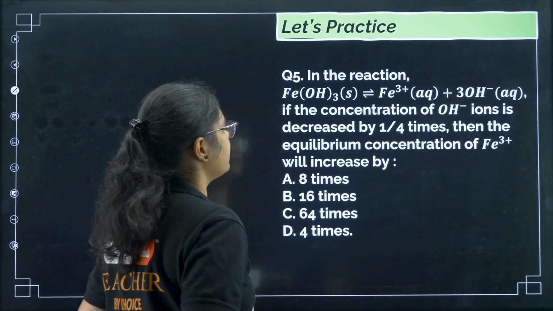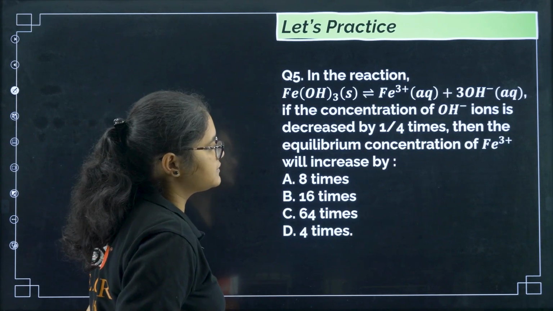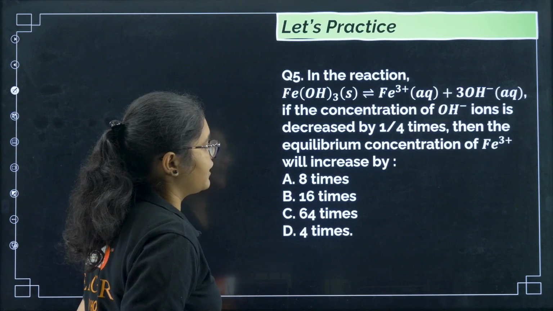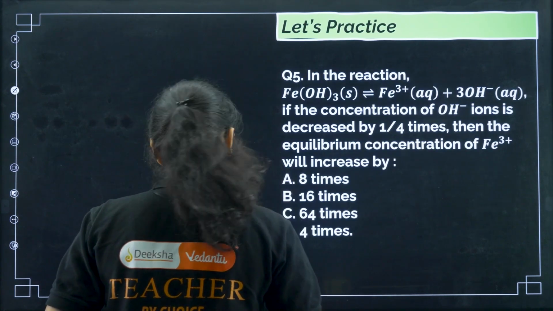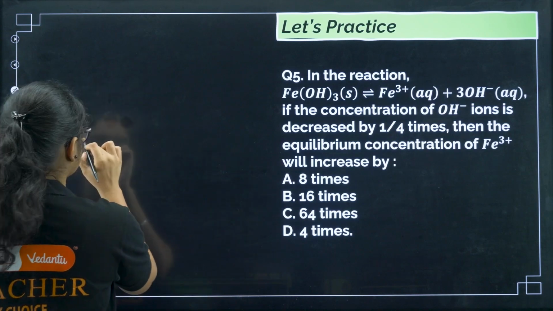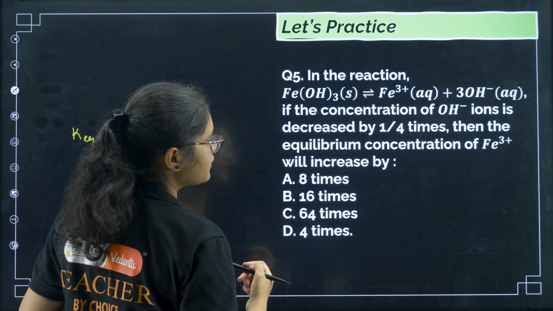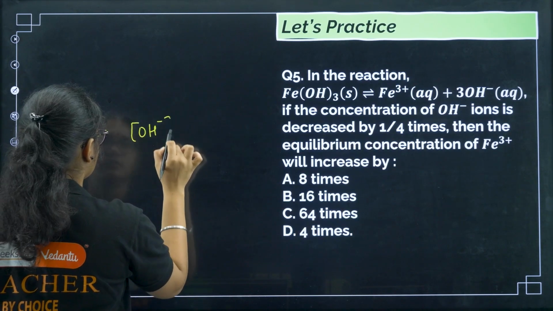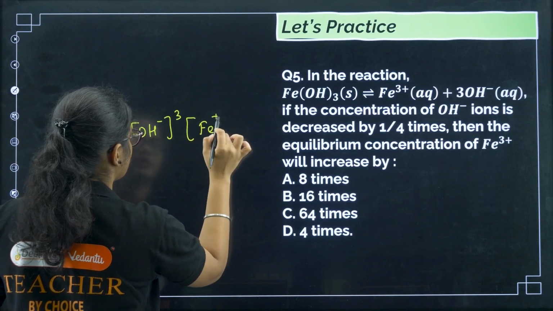Next, question number 5. In the reaction, if the concentration of OH minus is decreased by 1/4 times, then the equilibrium concentration of Fe3 plus will increase by? If I write the equilibrium reaction for this one, K equilibrium will be the concentration of the product, that means OH minus to the power of 3, and then I have Fe3 plus.